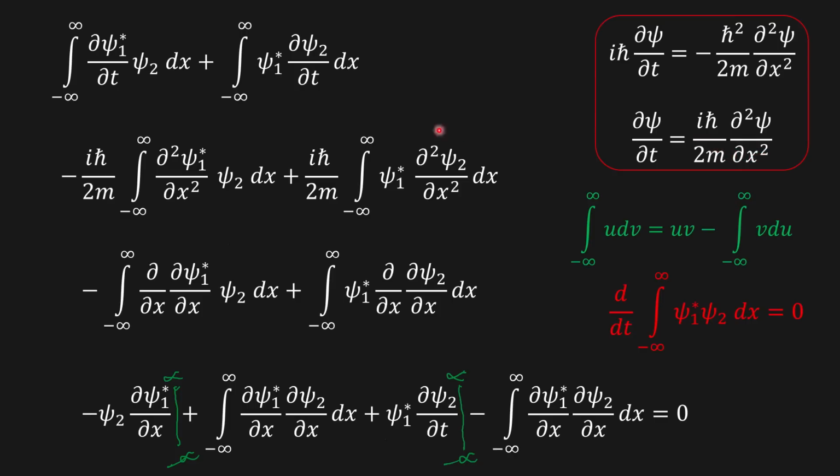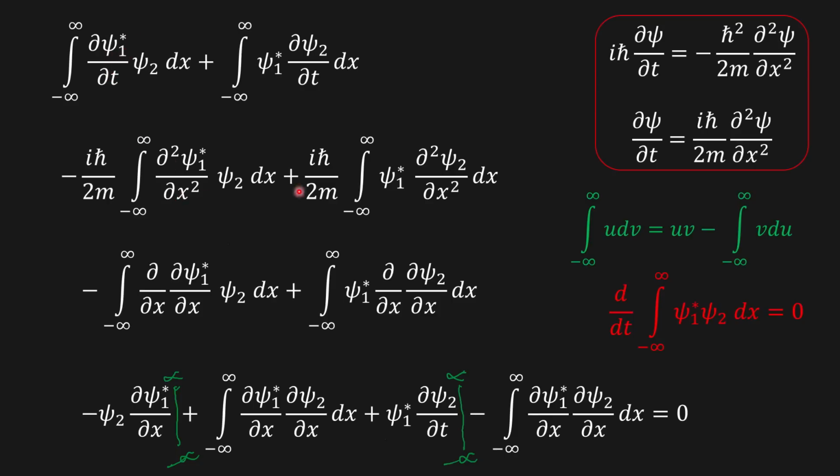Now my aim is to bring all the terms inside the integral in terms of x. Here I want to convert the time derivative into a spatial derivative, that is, in terms of x. So replace the time derivative of psi 1 star.